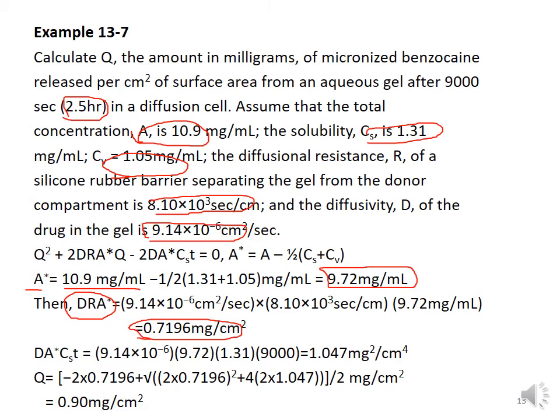This is a simple calculation. Then the A star CS t is also calculated, and then the Q is calculated, and it equals 0.9 milligrams per centimeter squared.